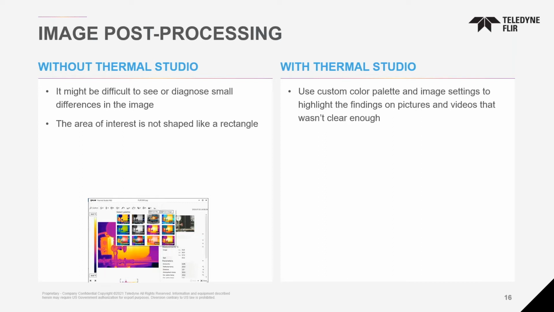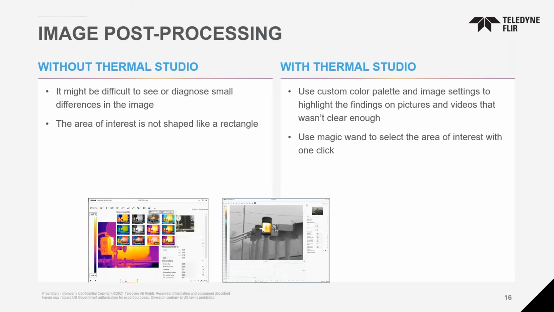There's some other softwares out there or on the camera only where you can put in a box and you want to find the delta between two boxes, but your image is not a perfect rectangle or not a perfect circle. One of the neat things in Thermal Studio, we have what we call a magic wand. And with this, you can actually freehand draw the exact asset that you're looking at and the area of interest.